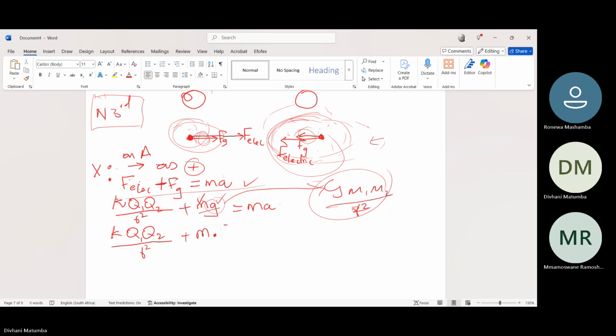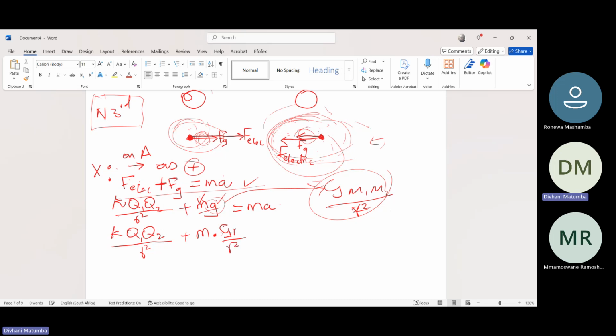Please repeat your question. The formula of g, or gravitational acceleration. g is equal to the gravitational constant M over r squared. g over r squared? No. Over what? It's not over r, it is over r squared.